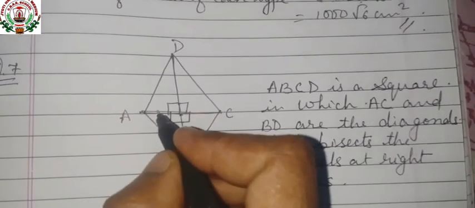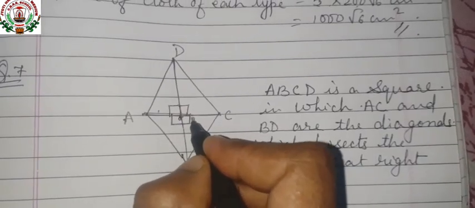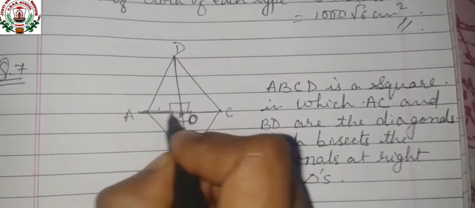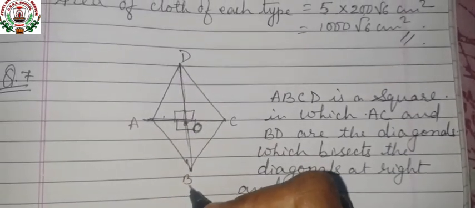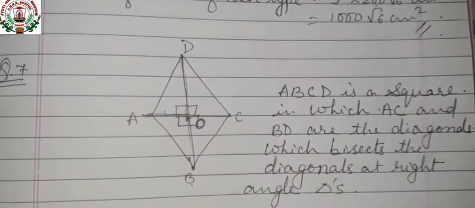Bisect means the center point, suppose this is O. So AO equals to OC and OD equals to BO.